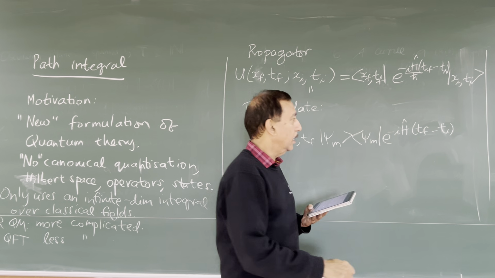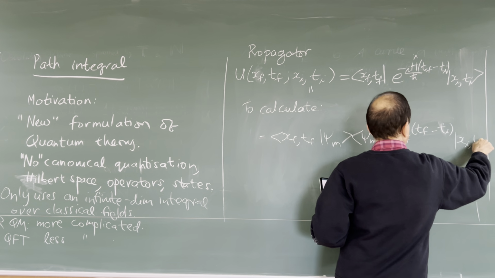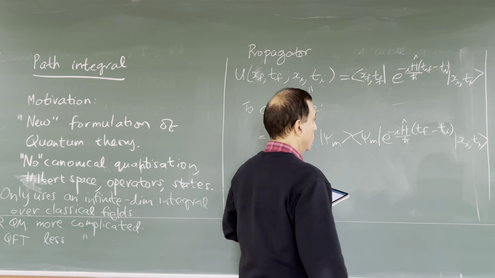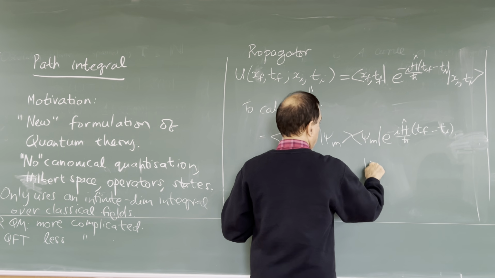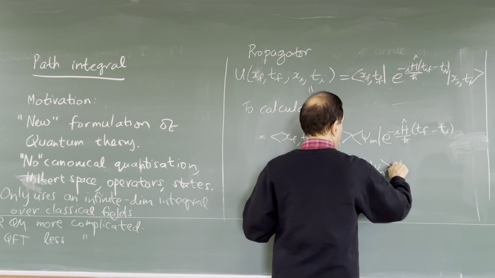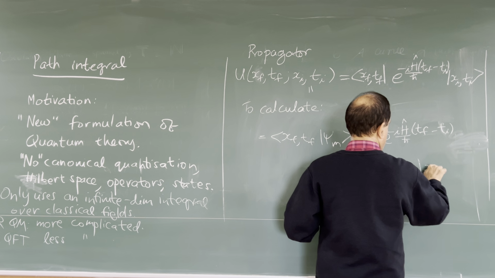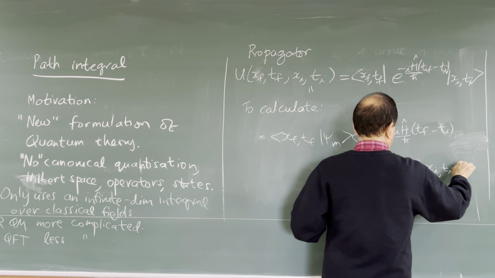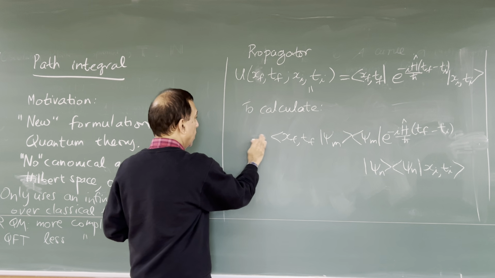It's h times t over h bar and then xi ti. Oh, sorry. Here also I want to introduce another complete set of states. And of course I sum over all m and n.